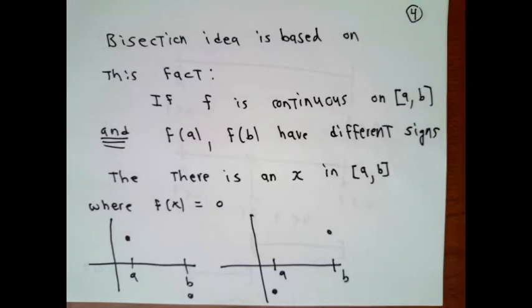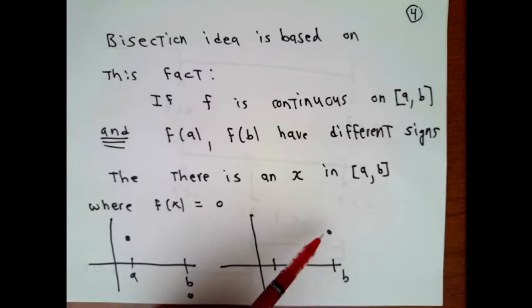Bisection is based on this fact. If the function of interest is continuous on the interval from a to b, and the function values at x equals a versus b have different signs, for instance, here I might have a positive function value while here a negative, or conversely, at the left end a negative function value and at the right end a positive one.